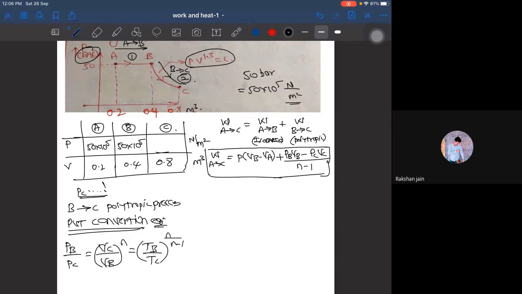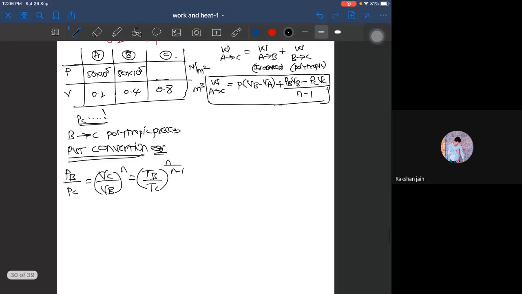Any confusions here? Just have replaced 1 with B and 2 with C, because the process is from B to C, not from 1 to 2.